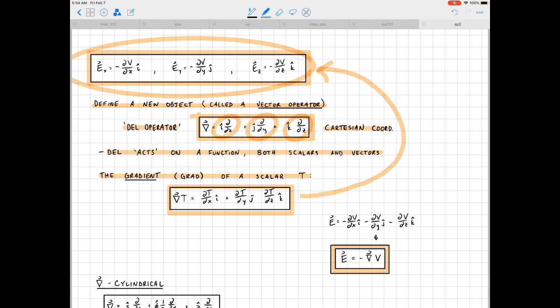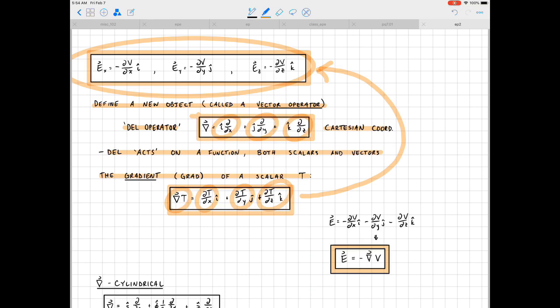If you take the gradient of t, so that's del, and then place the t value there, that's equal to taking the derivative of t with respect to x in the i hat direction, plus the derivative of t with respect to y in the j hat direction. And it looks like I forgot a plus sign. Plus the derivative of t with respect to z in the k hat direction.